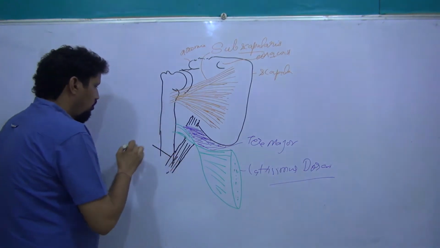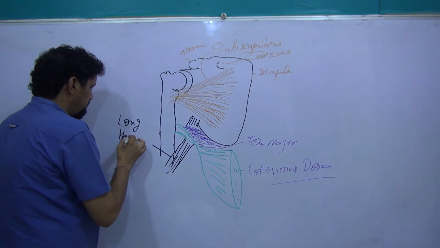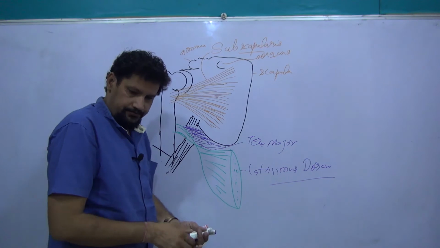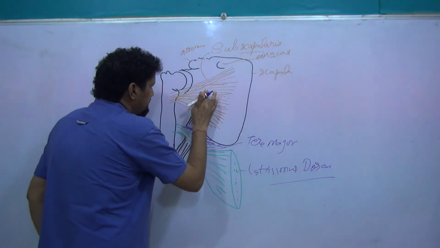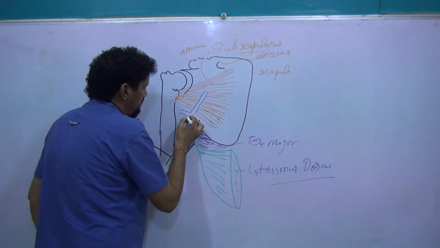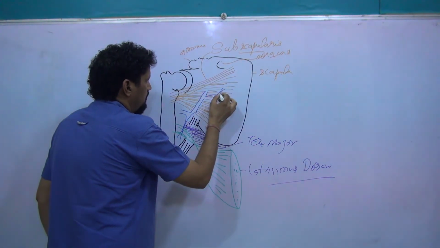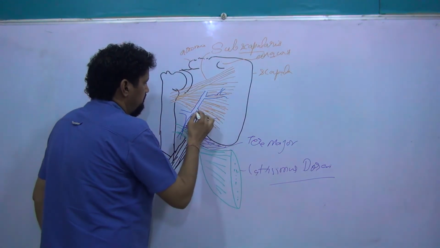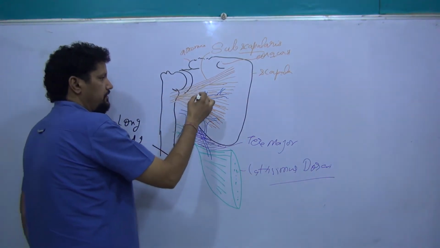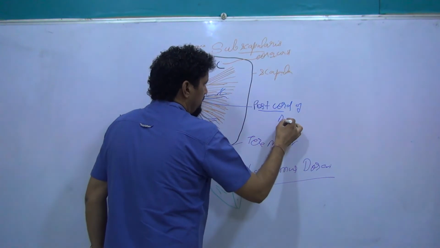This muscle is the long head of the triceps, and we can see here the posterior cord of the brachial plexus.